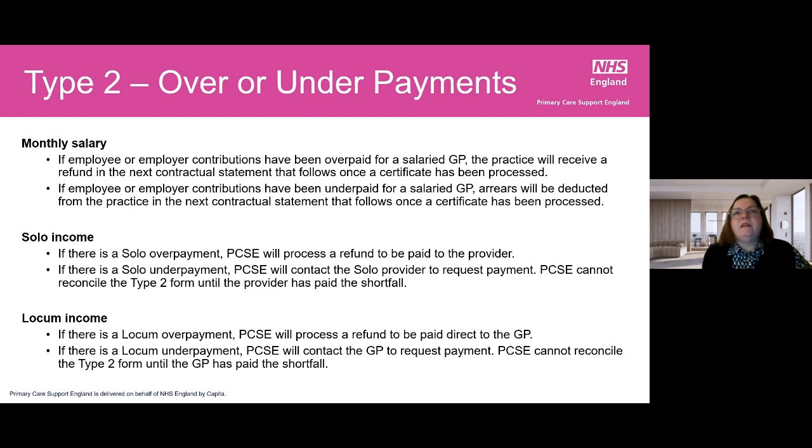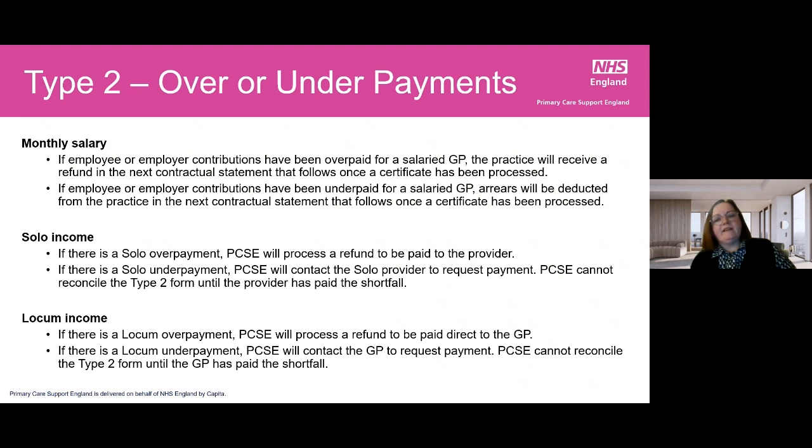Now, completely understand that as a GP yourself, you'll have your pay slips and your P60 information, and you'll be looking at that to reconcile now with what is actually due for the whole year. But the practice receives directly the refund for an overpayment.